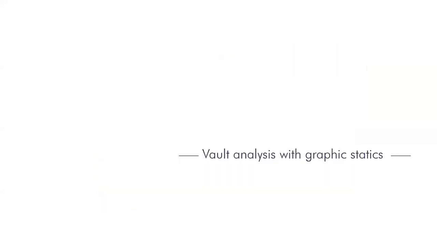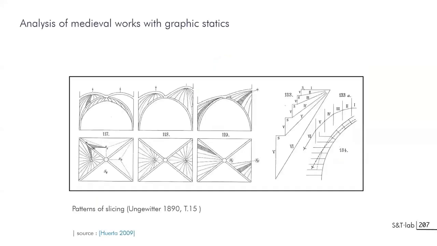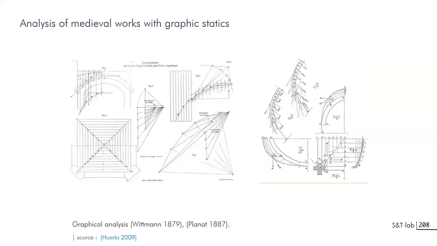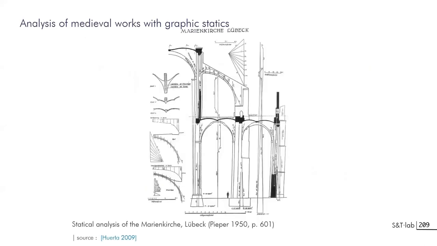Let's have a word about vault analysis with graphic statics. You can have a series of examples here in which you can recognize the thrust line and the force polygon. At the very end of the 19th century and beginning of the 20th century, you have a series of examples of that kind that have been promoted to assess the equilibrium of arches.